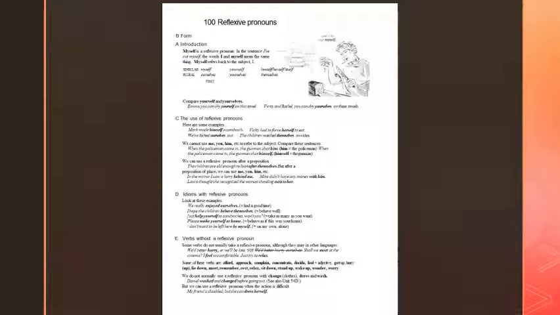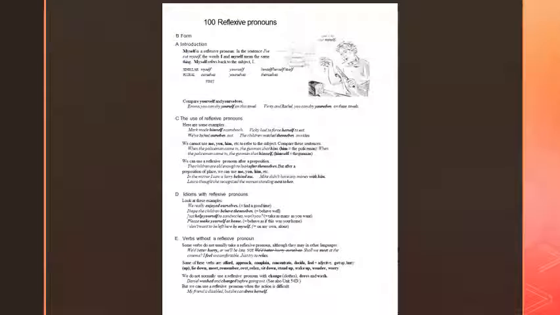Compare yourself and yourselves. Emma, you can dry yourself on this towel. Vicky and Rachel, you can dry yourselves on these towels. Now here you can see that there is a change. Like I said before, the subject-verb agreement has to be there as far as the usage of the pronouns is concerned.